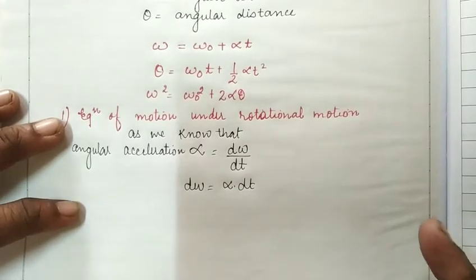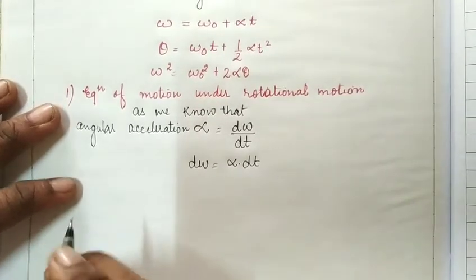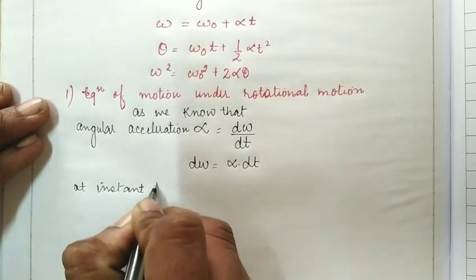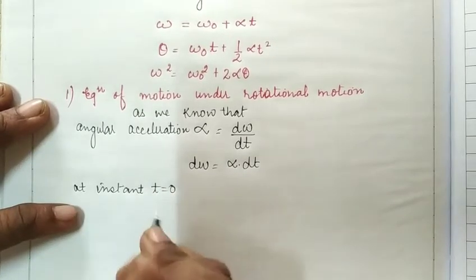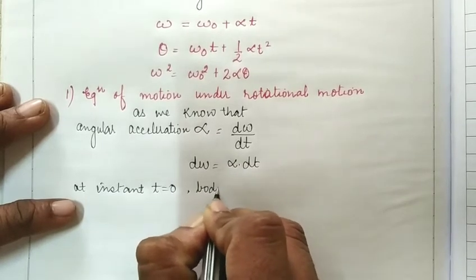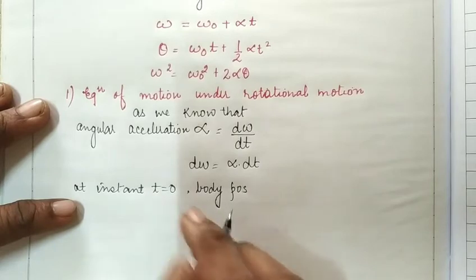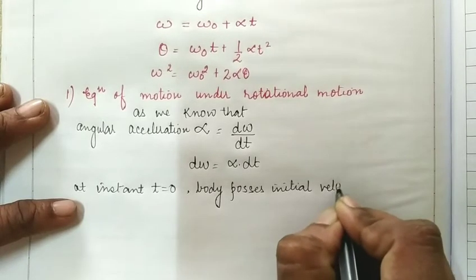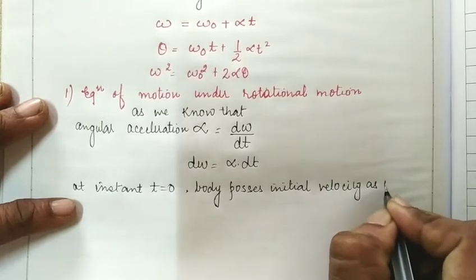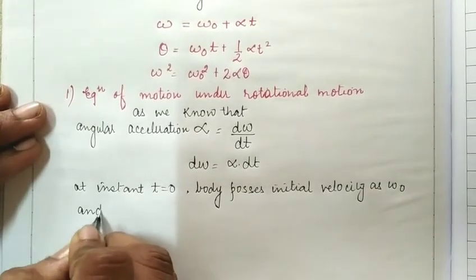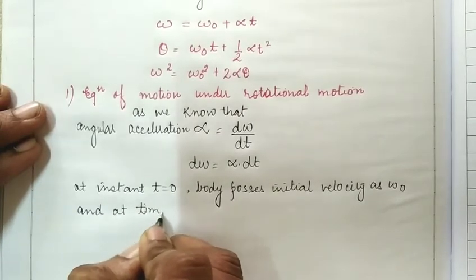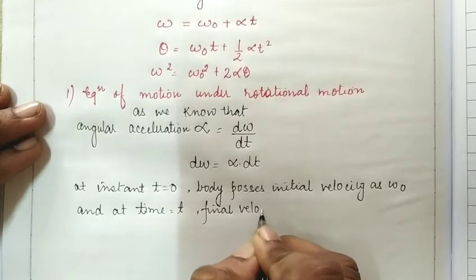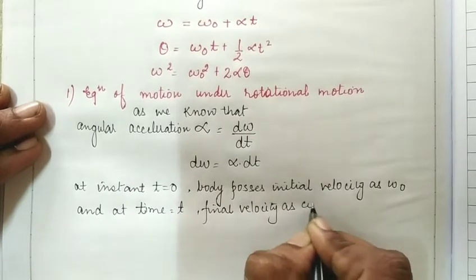So students, if we are willing to calculate this for the whole journey, then at instant t equals 0, when the time is 0, the body will possess initial velocity omega naught, and at time t the final velocity is omega.